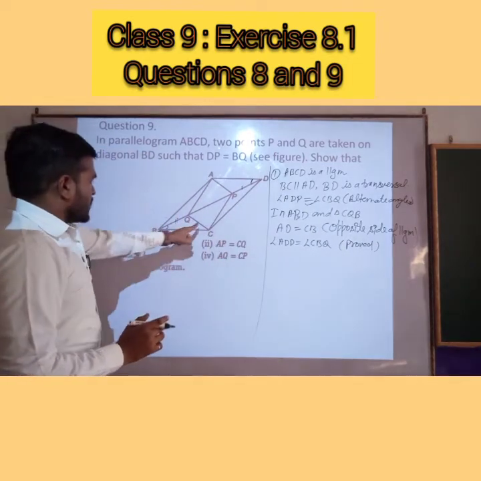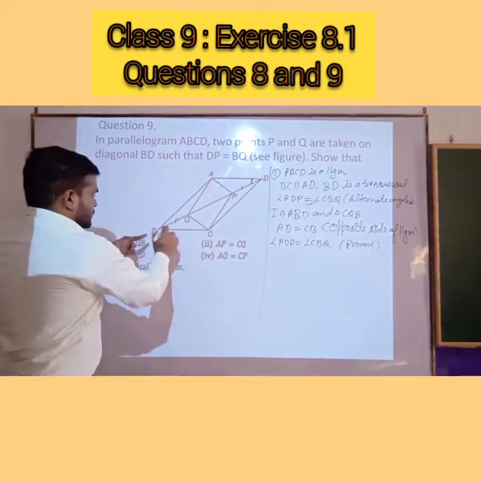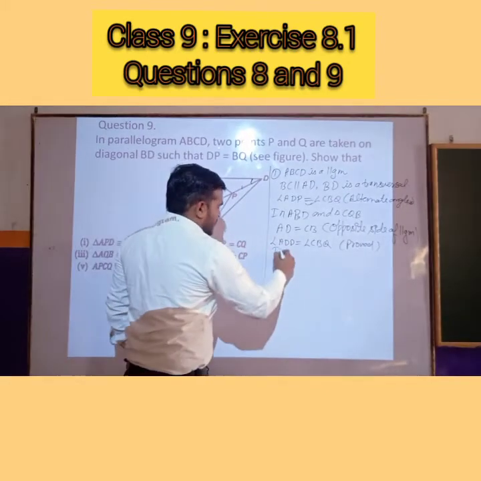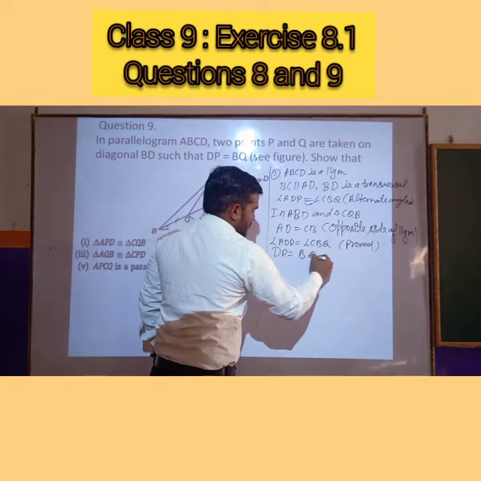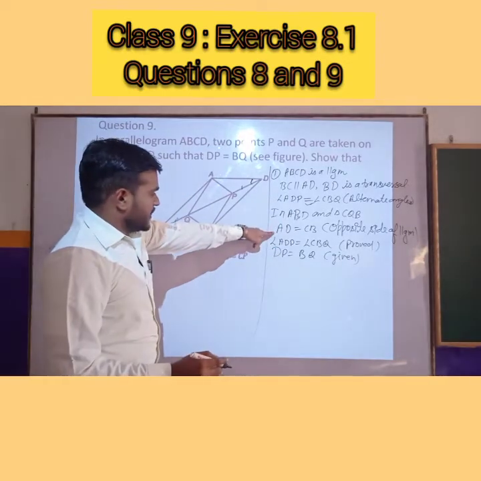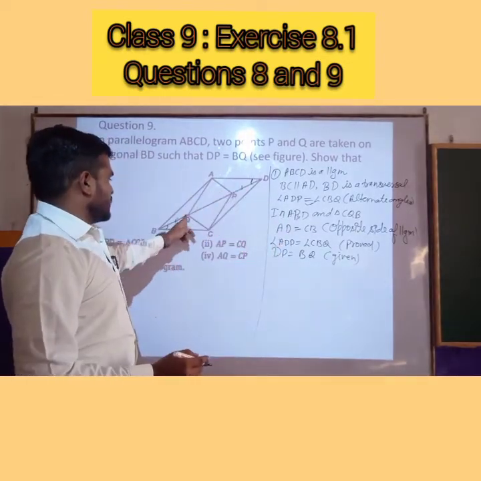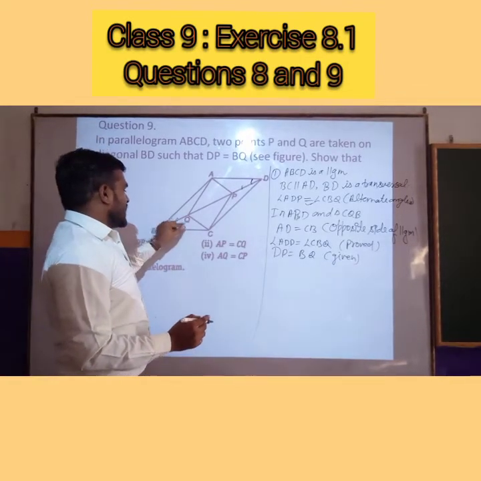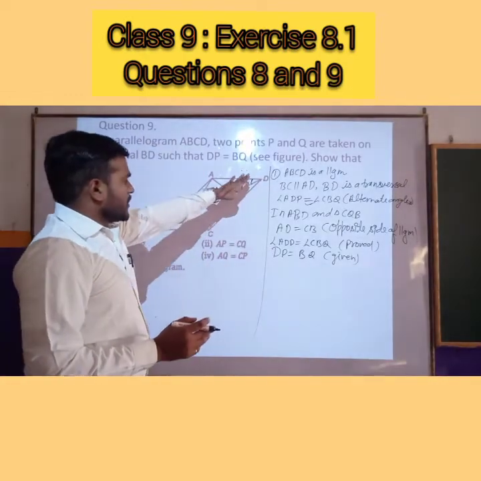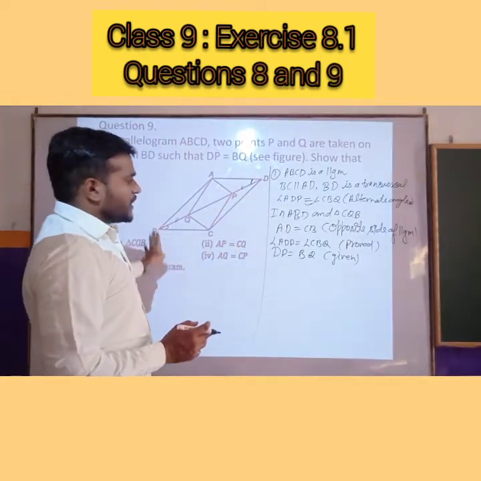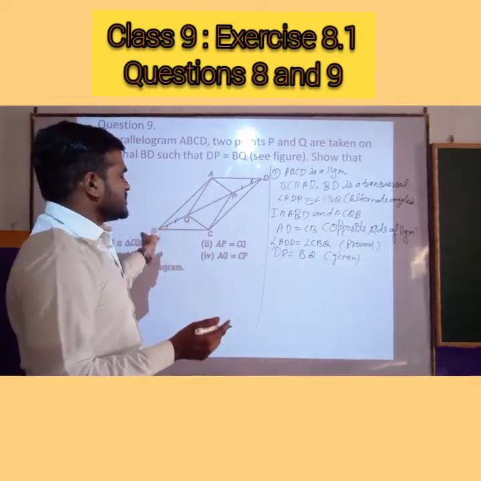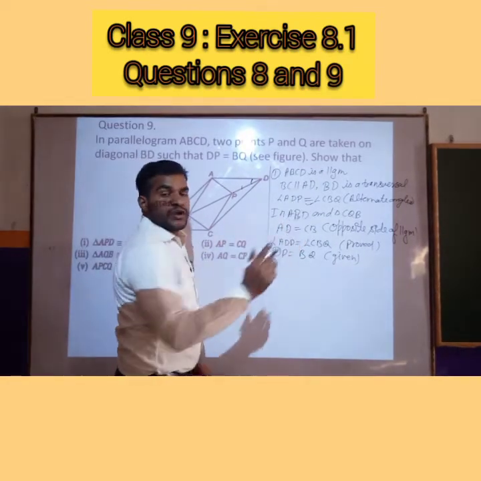And then BQ and DP. DP is equal to BQ, which is given. So AD is equal to CB, the angles are equal, and DP equals BQ. We got two sides and the included angle of triangles APD and CQB that are congruent by the SAS congruency criteria.